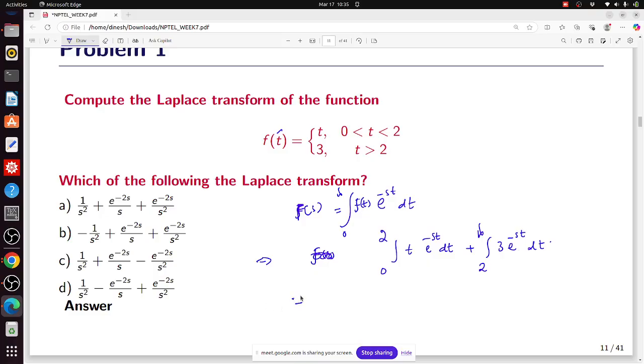If you do this integration by parts, you will get t e^(-st) by s from limit 0 to 2, plus the integral from 0 to 2 of e^(-st) by s dt, plus this part, you will get 3 e^(-st) by s from infinity to 2.